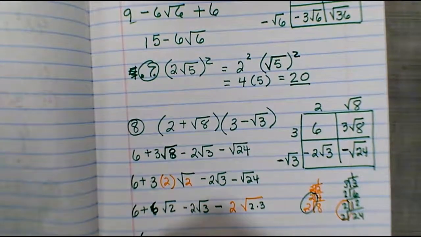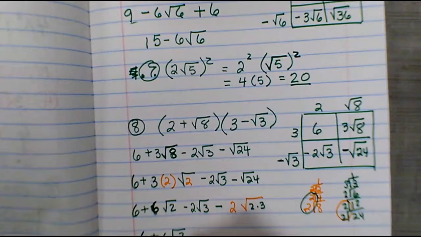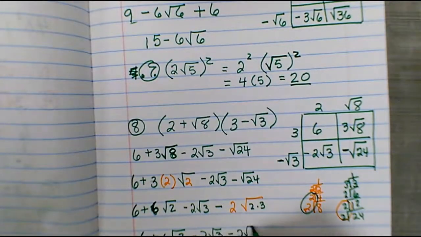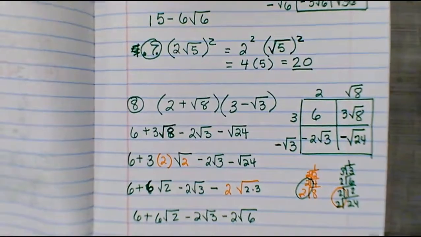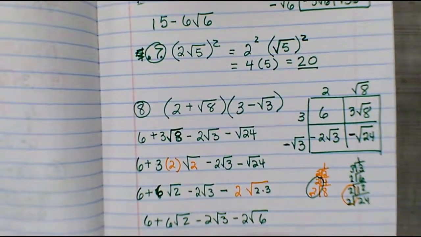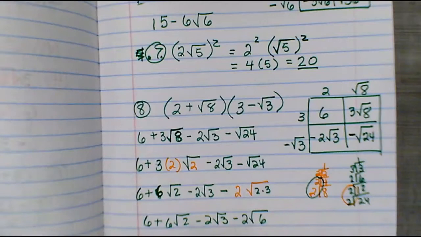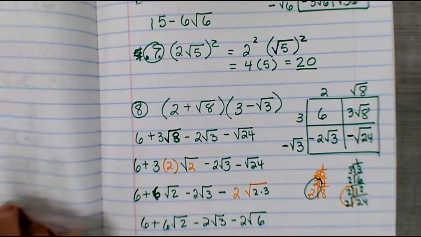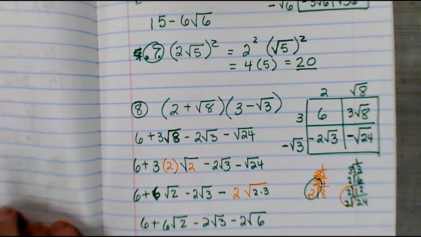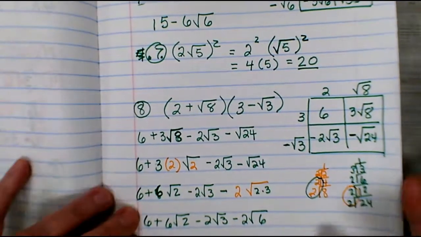So 6 plus 6 square roots of 2 minus 2 square roots of 3 minus 2 square roots of 6. And none of that can be added together, because in order to add, you have to have the same number under the radical sign.